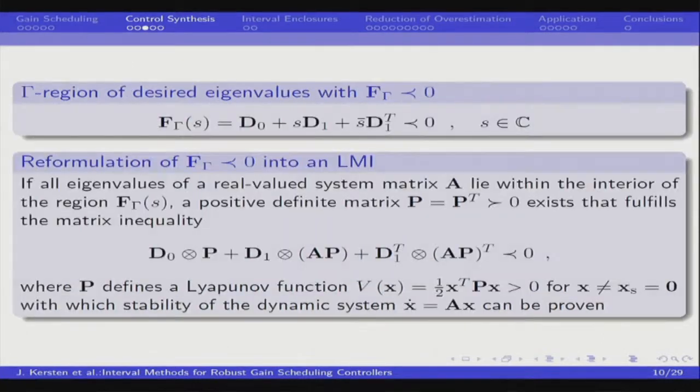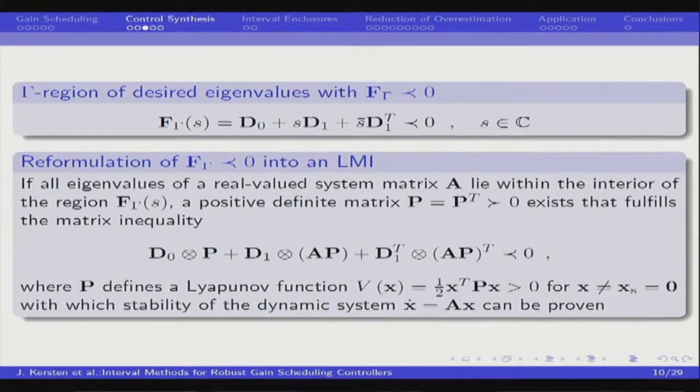So we specify a gamma region for the desired eigenvalues, which is to be negative definite, and we choose this representation because it is very easily adjustable to a few gamma regions, as you will see in the following slide.